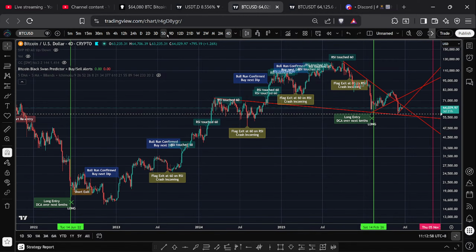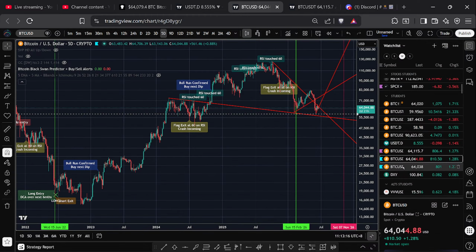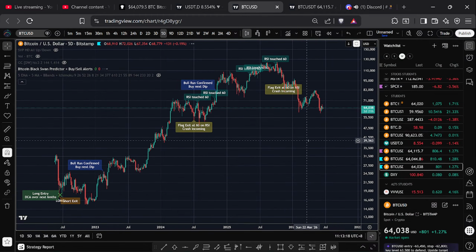If you have a look here, this is what it's actually designed for, the 5-day, on an exchange chart.